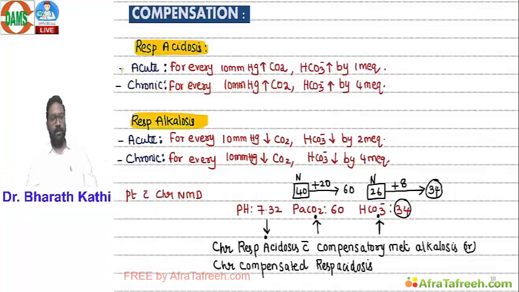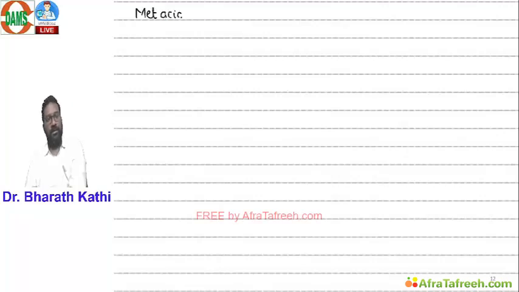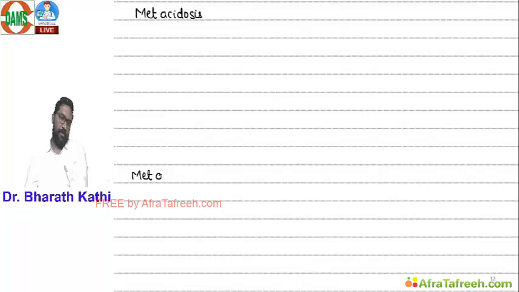Then calculation of compensation for metabolic disorder. Metabolic acidosis, metabolic alkalosis. Write down compensation for metabolic acidosis, metabolic alkalosis.